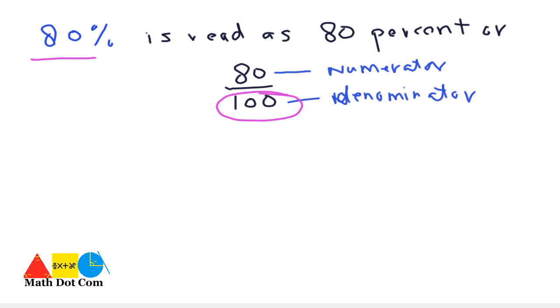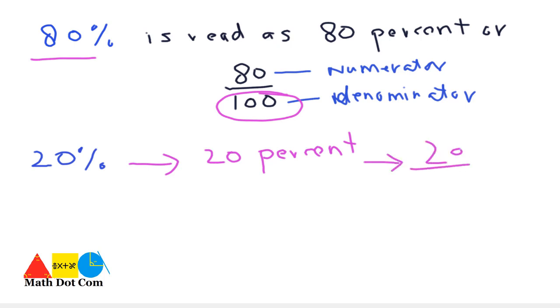Just to clarify how to read and write it in mathematical form: if a percentage is given as 20%, it can be read as 20 percent and also written as 20 over 100.